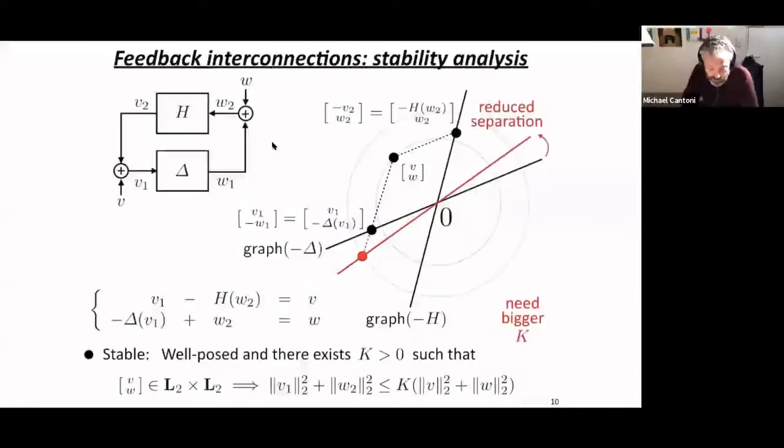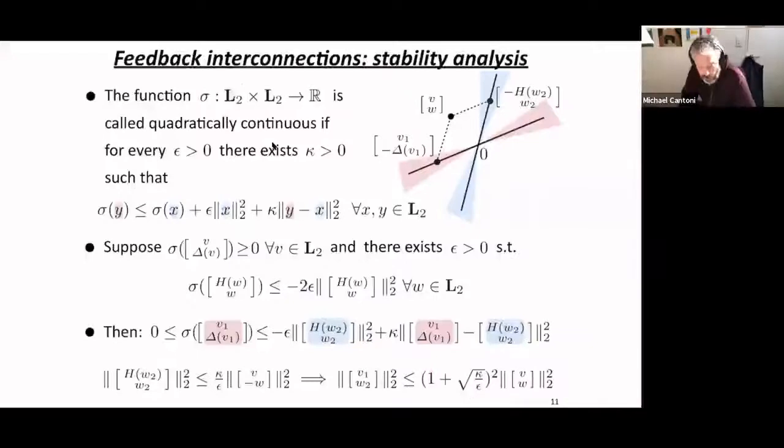So instead of just looking at this and this, if I look at this and this, you can still get a bound on the gain from the exogenous inputs to the internal signals that just comes from this quadratic continuity property of this function sigma, which is used to define two conditions on the elements of the graph.